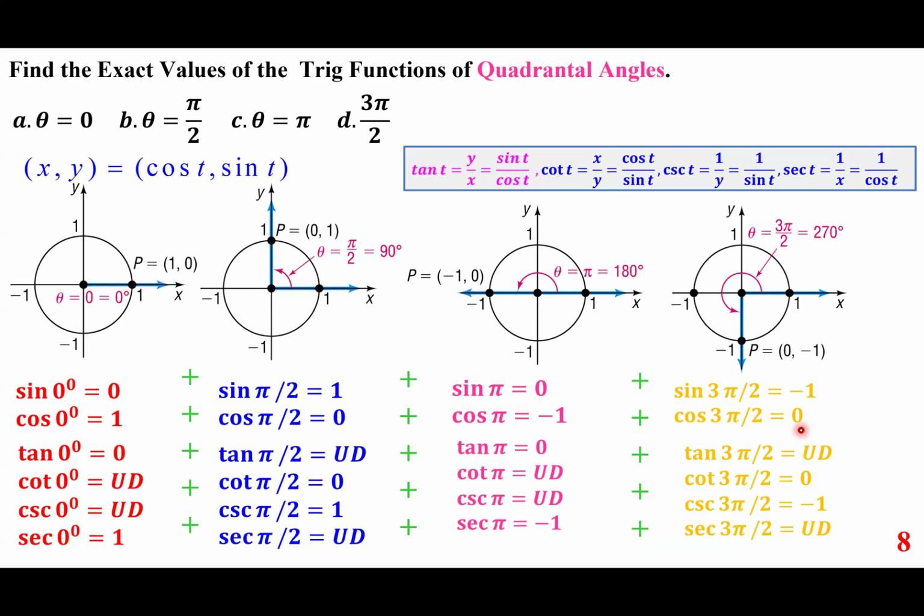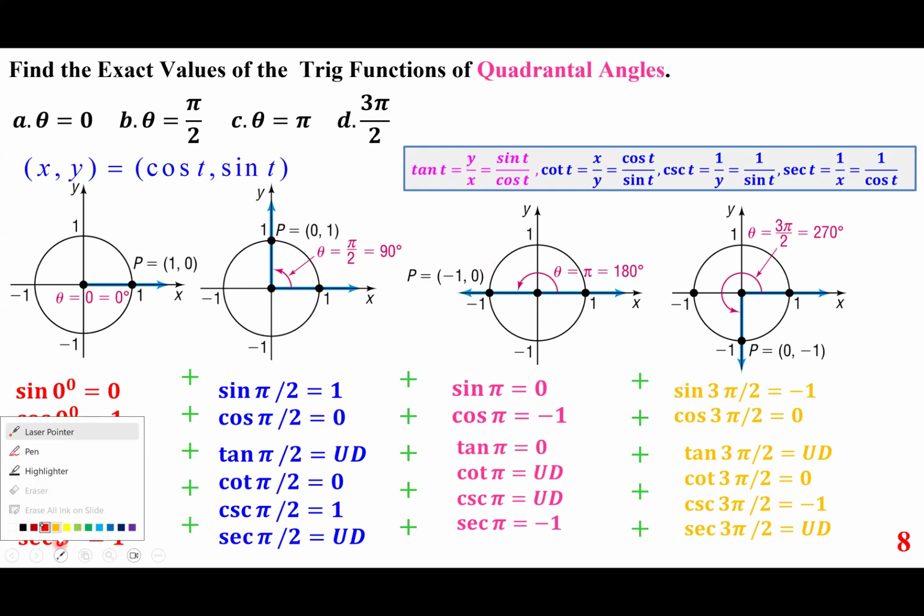And if you happen to have multiples of pi over 2, like 3 pi over 2, which is an odd multiple of that, you should be able to figure out sine, cosine, and the rest of it accordingly. So what I want to quickly add is the following.